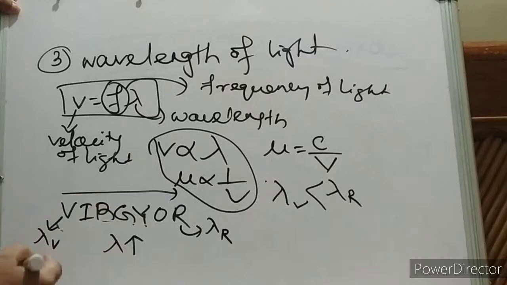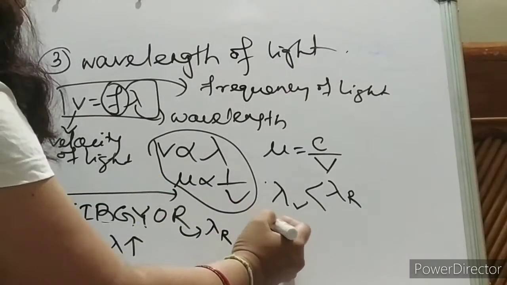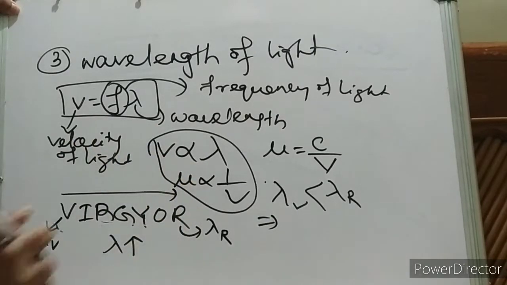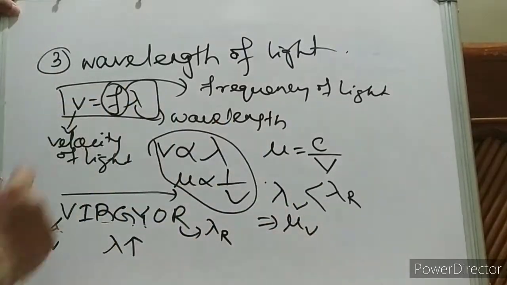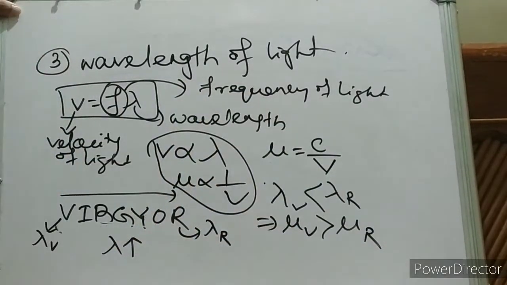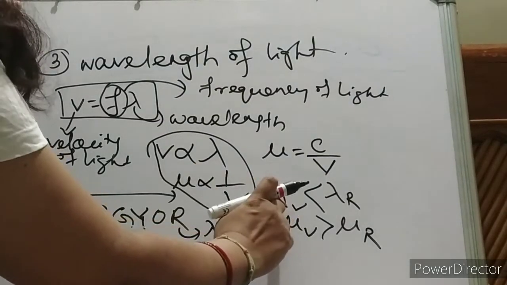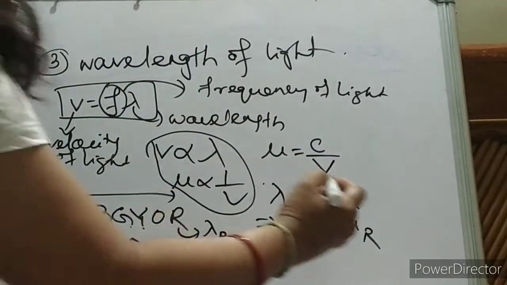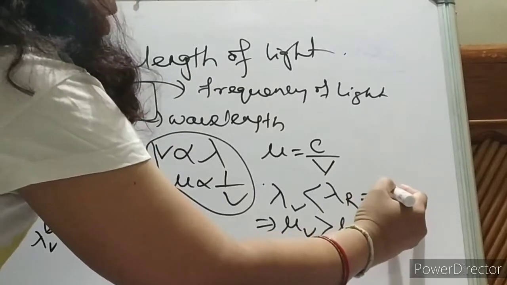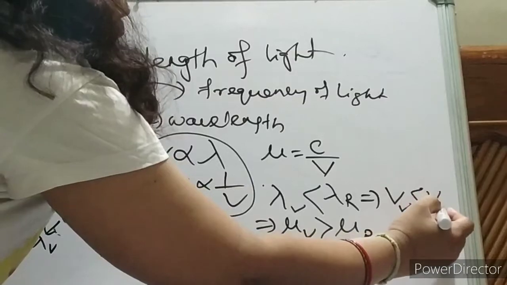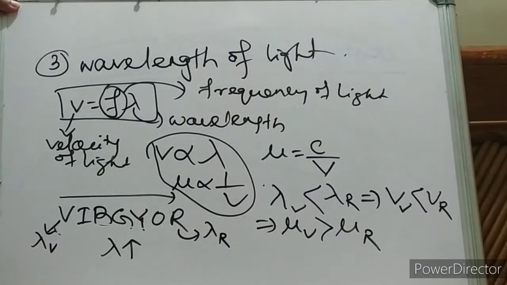So what will happen to the refractive index? The refractive index of violet will be more than that of red. Is it clear? Why? Because if lambda violet is less than lambda red, that means the velocity of violet light is less than the velocity of red light, as you can see.